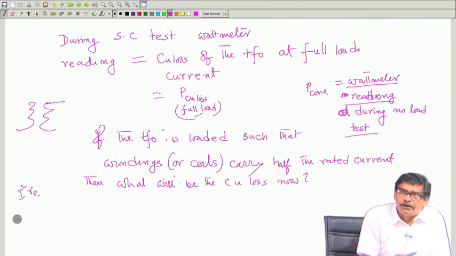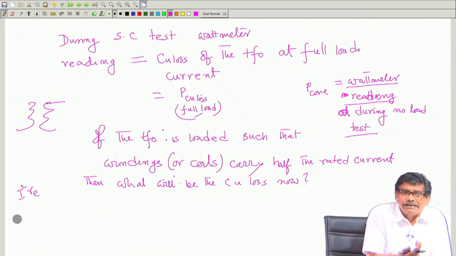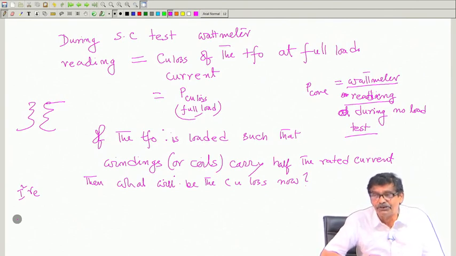I will try to exploit this simple equivalent circuit. No point in separating R1 and R2, because after all from the open circuit and short circuit tests you cannot separate R1 and R2. It comes as R_e1 as a package, R1 plus a squared R2, or R2 plus R1 by a squared.